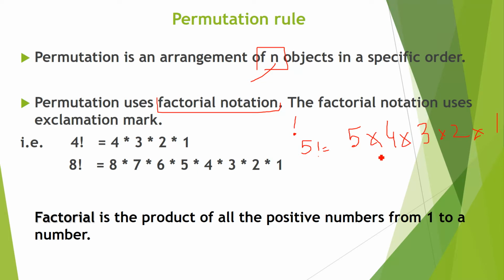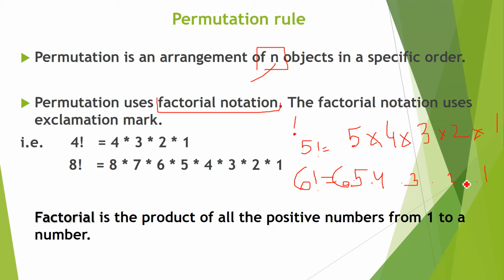Similarly, if you want to write 6 factorial, write 6, and then from 1 to 6: 1, 2, 3, 4, 5 and 6, and this dot represents multiplication. Sometimes you will find a dot in your book, so it means multiplication.